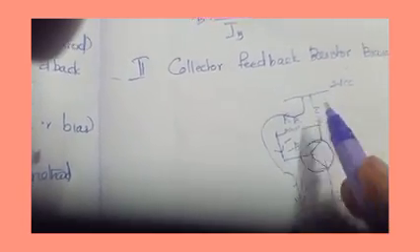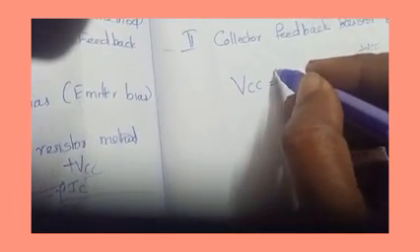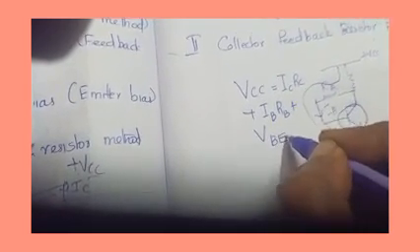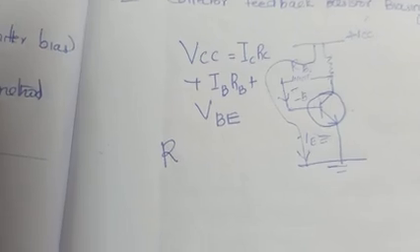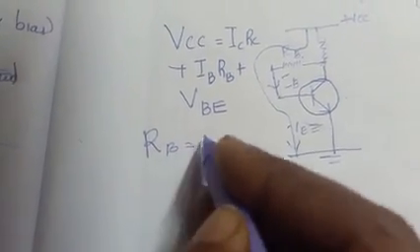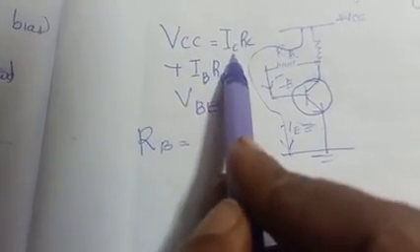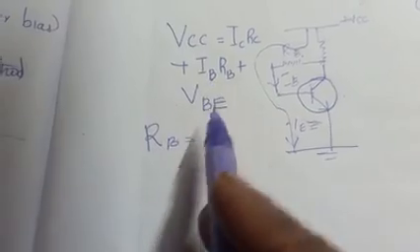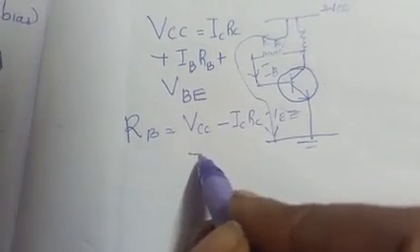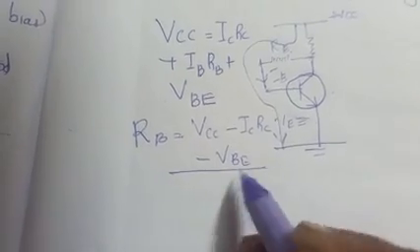We can write the Kirchhoff's equation as VCC is equal to ICRC plus IBRB plus the base emitter voltage VBE. So from that, RB is equal to VCC minus ICRC minus VBE, the whole divided by IB.